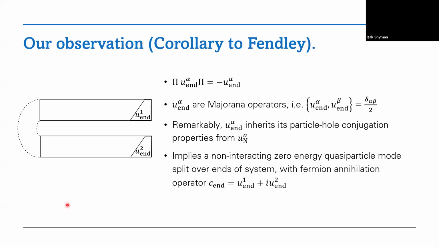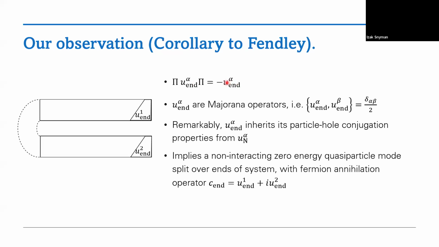So here is the 5% of my talk where I give you the elementary observations that we follow this with. Okay. So first thing, these two operators that can be found associated with the two ends that are away from the junction, under parity, they transform into minus themselves.